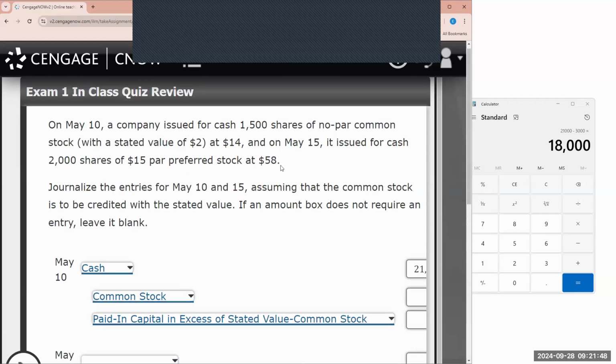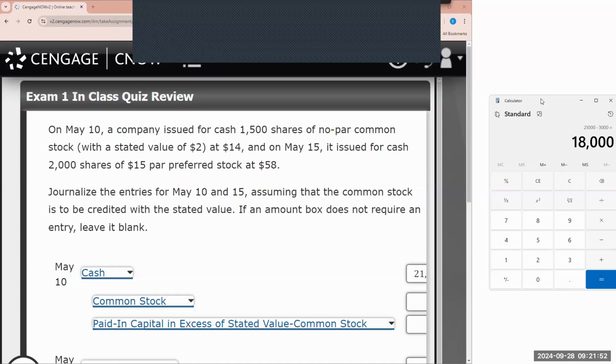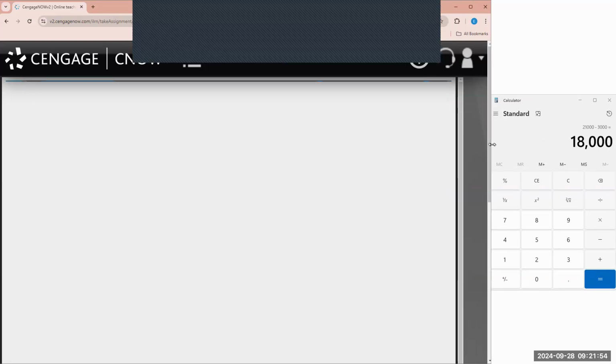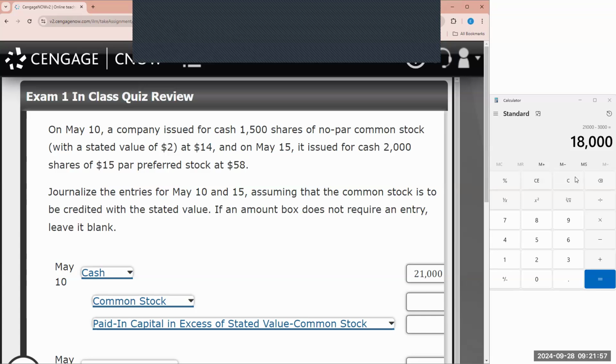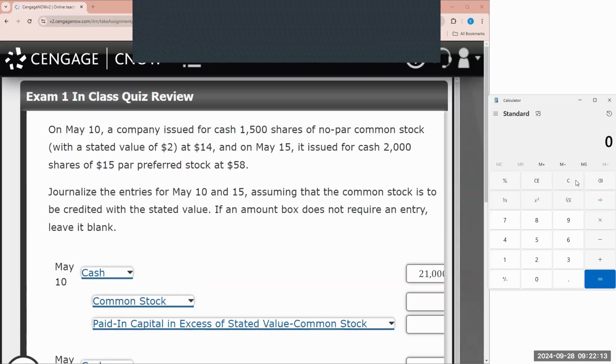And then next it says on May 15th, we issued for cash 2,000 shares of $15 par preferred stock at $58. So 2,000 shares at $58 each. We received cash of 116,000. Those 2,000 shares are valued at $15 per share.